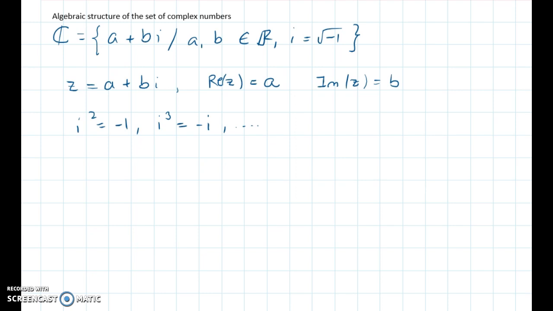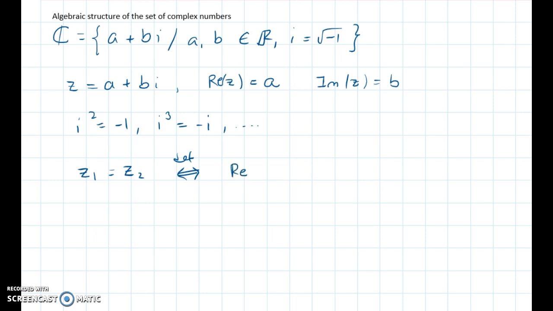But what we're going to look at now is, when do we say that two complex numbers are equal? So we say that the complex number z1 is equal to the complex number z2 if and only if, by definition, both the real part and the imaginary part of the complex numbers coincide.